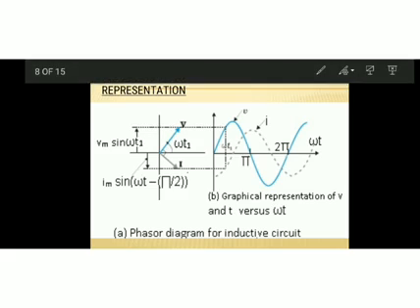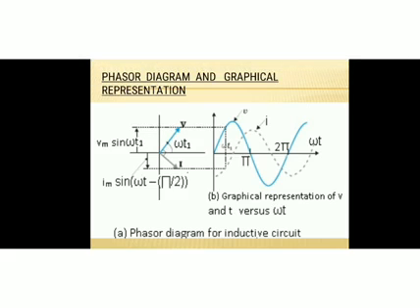Now, just look at the phasor diagram of an inductive AC circuit. Here, this is the voltage graph for an inductive AC circuit, and this is the current graph. And did you notice the peaks of voltage and current? The amplitude of voltage is higher than the amplitude of current. Why?